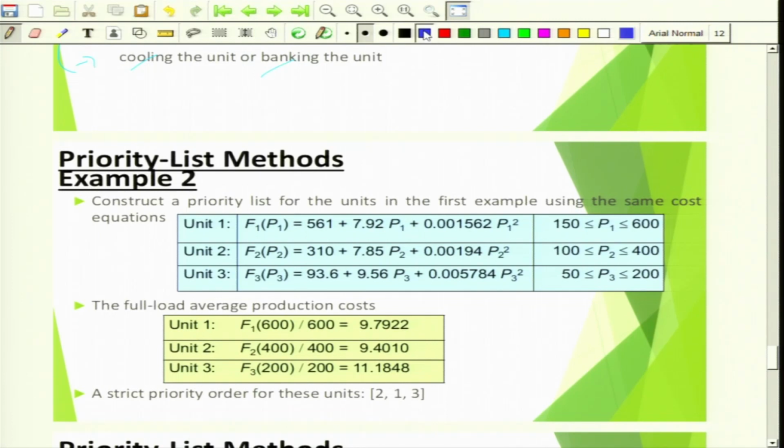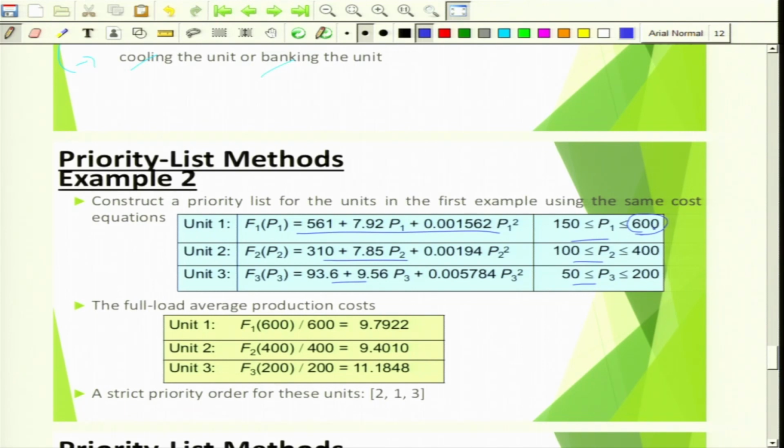Now let us take an example. Fuel characteristics are given for 3 units, and they have their minimum and maximum generations. Now you need to find out the full load average production cost. What is the full load average production cost? At the maximum capacity generation, that is 600 megawatt, you see what the cost is.